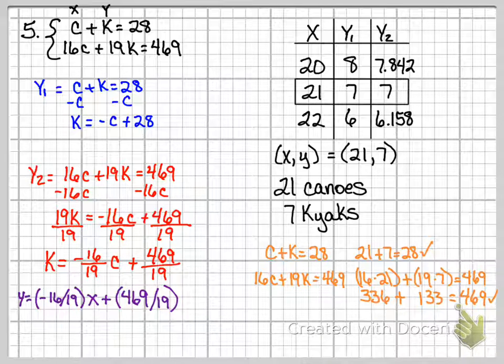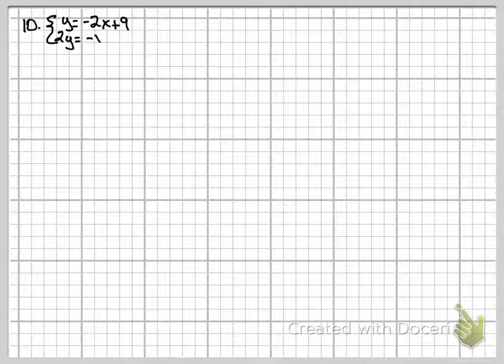All right. On the back side, number 10, 11, and 12, it says graph and solve each system. So we're going to graph the first one. We have y is negative 2x plus 9. And 2y is negative x plus 6.